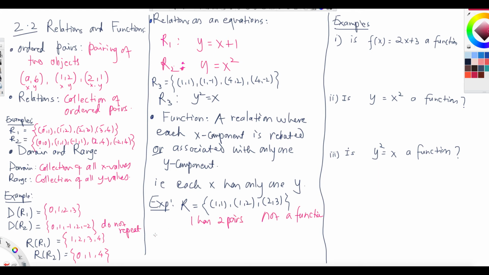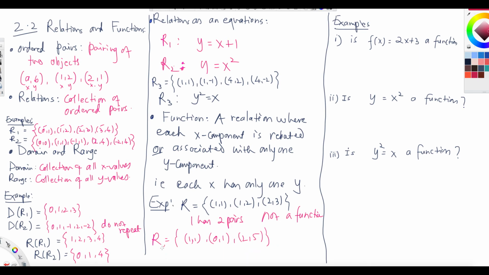But how about this one? Let's say R equals (1, 1), (0, 1), (2, 5). Here the x is 1 and y is 1. 1 has only one pair, 0 has only one pair, and 2 has only one pair. So it is a function.